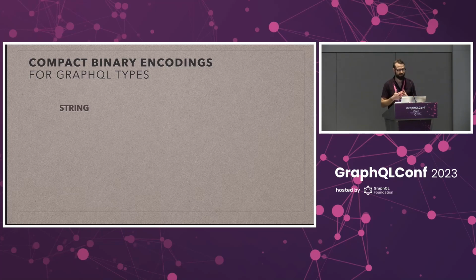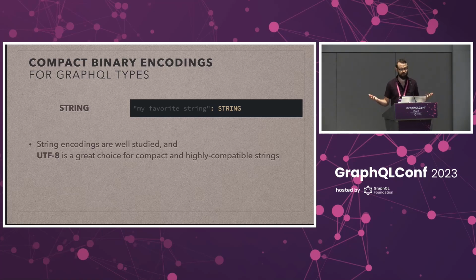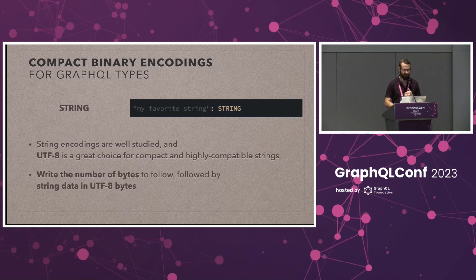So let's talk about string. When we write out a string, there's kind of a similar story to integers. String encodings are pretty well studied, and it turns out UTF-8 is a great choice for compact and highly compatible strings. I think that's a great choice for us. So without comparing a bunch of different formats, let's just say we'll write the number of bytes to follow, followed by string data in UTF-8 bytes.